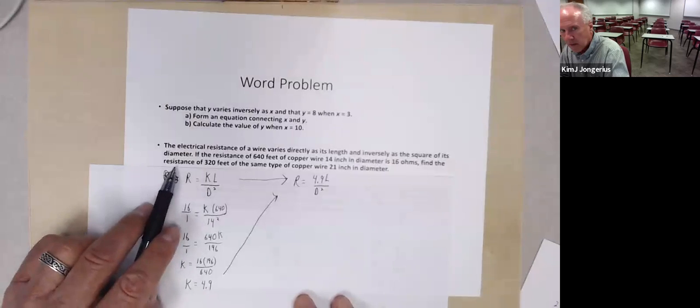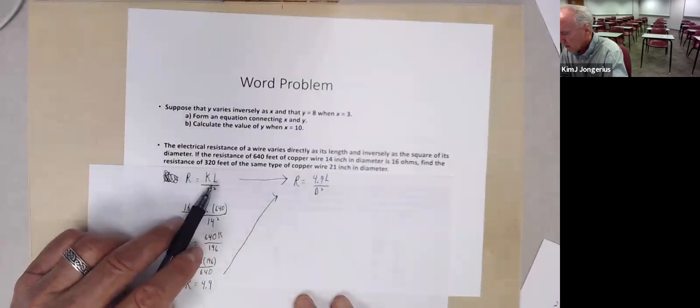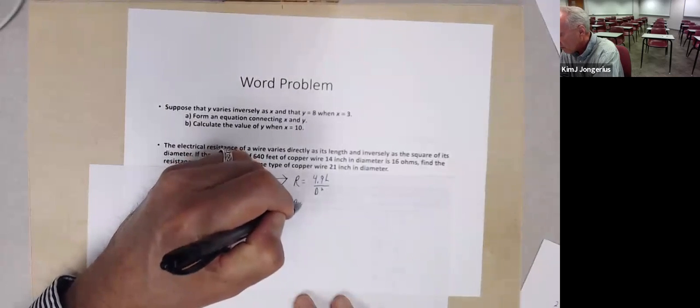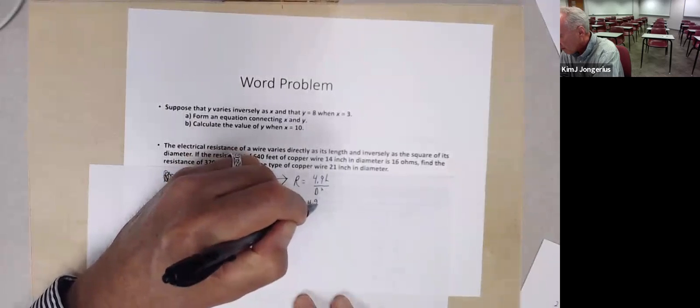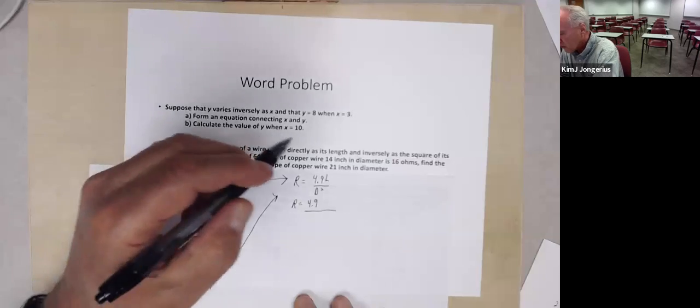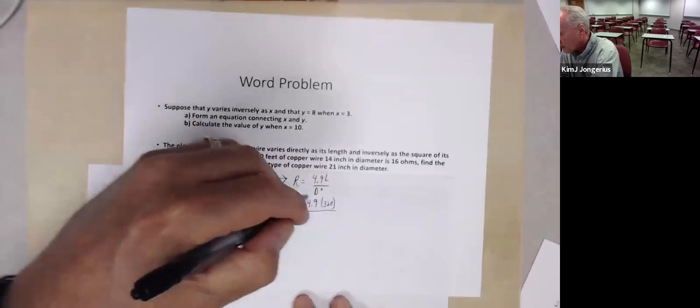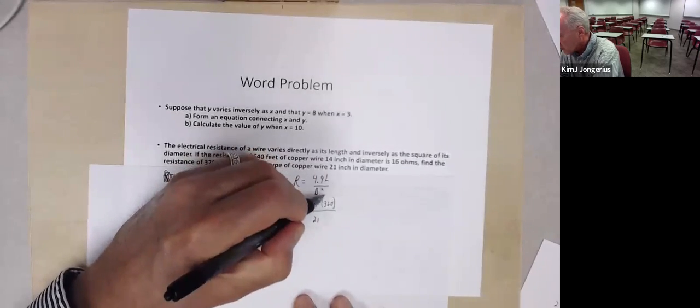We want to find the resistance, because that's what they're asking me to do. Find the resistance, so I'm looking for R. The length is 320 this time. And the diameter is 21 inches. Don't forget to square the diameter.